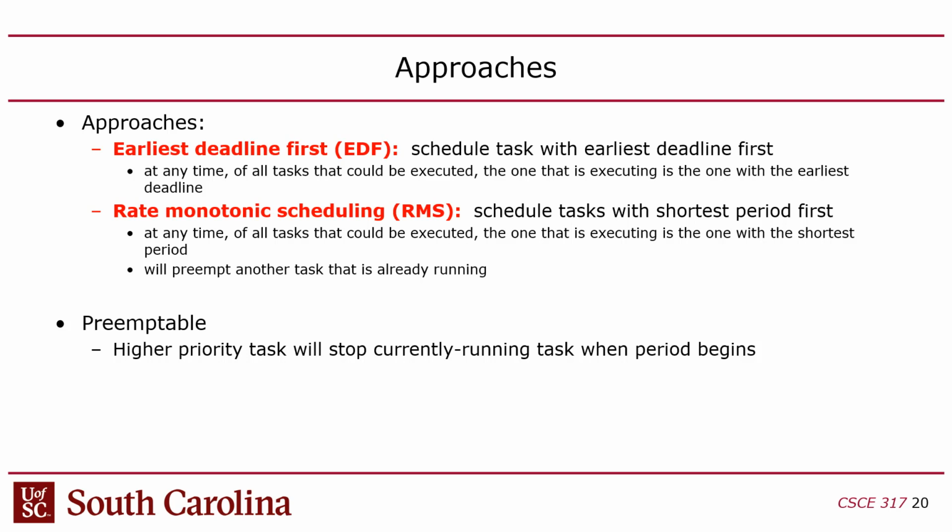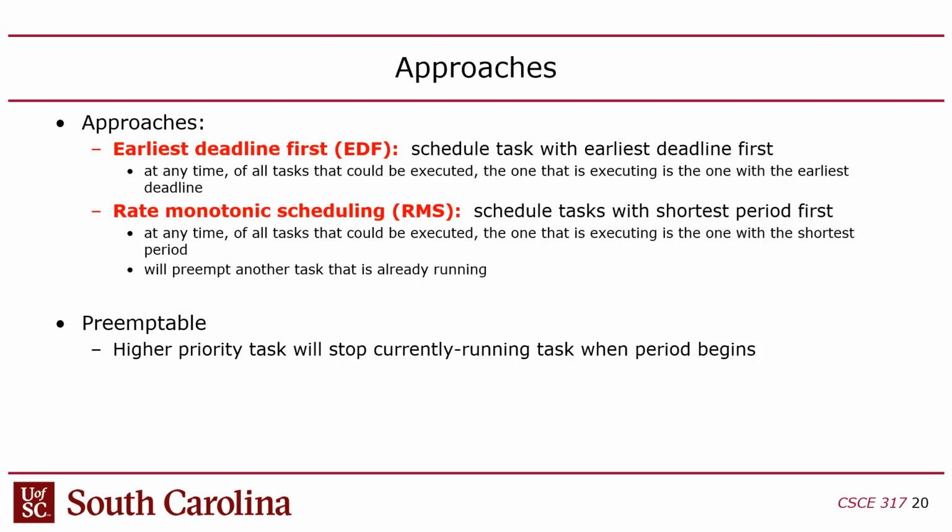Now, however, you have to keep in mind that you still have to account for tasks that are becoming ready at the beginning of their period, right? So basically, every time a new task begins a new period, you have to reevaluate who you're going to schedule based on all the priorities of the ready and executing tasks.